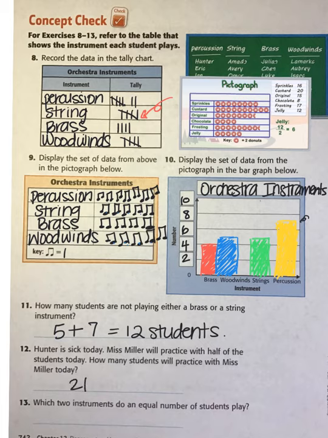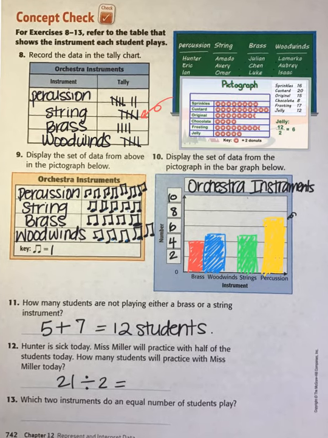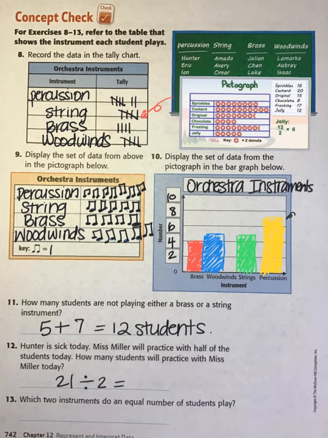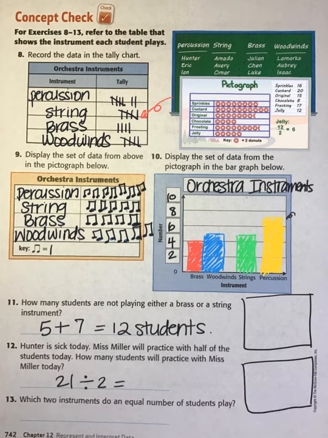But it says that she's going to practice with half the students. So we need to take 21 and divide it by 2. Okay, so let's do our division over here the way that we learned it. So I'm going to have one box here and one box here. And I'm going to divide 21 into these 2 boxes.